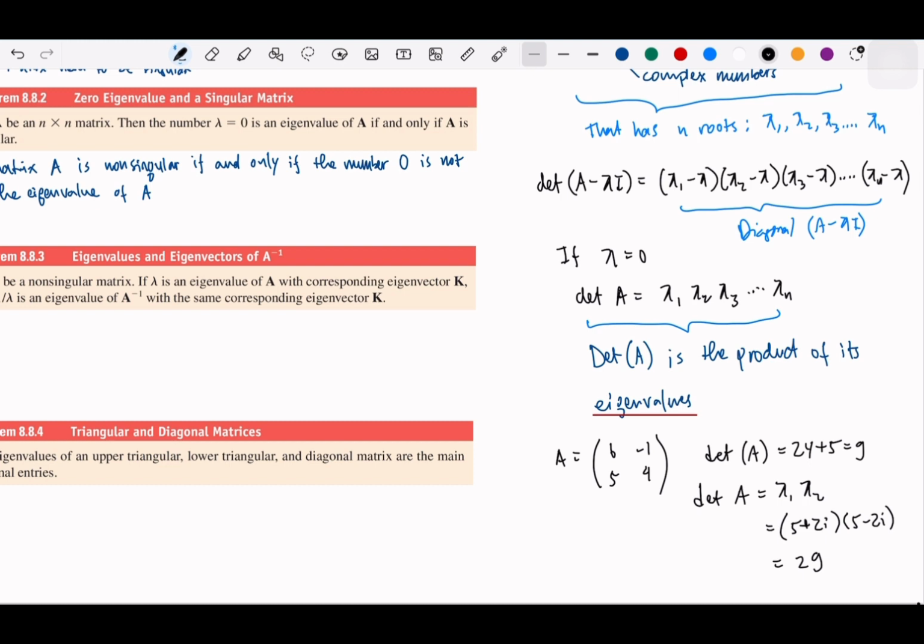This is the determinant by multiplying the eigenvalues themselves. And we can also consider the matrix to be non-singular because the determinant is not 0.